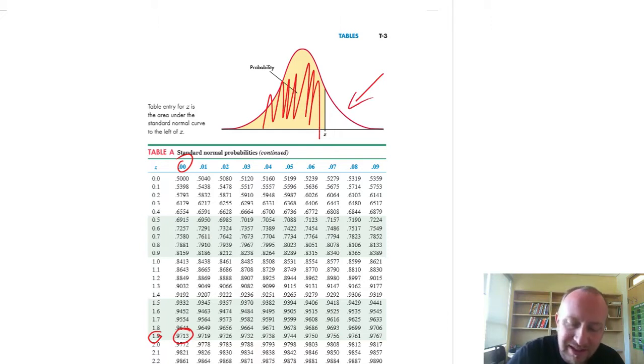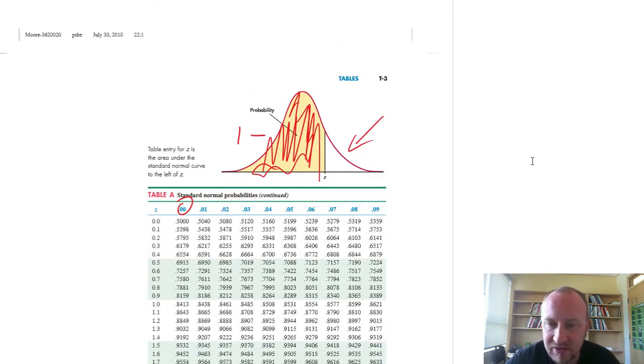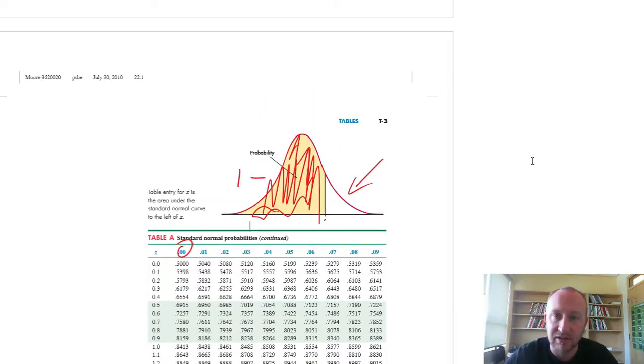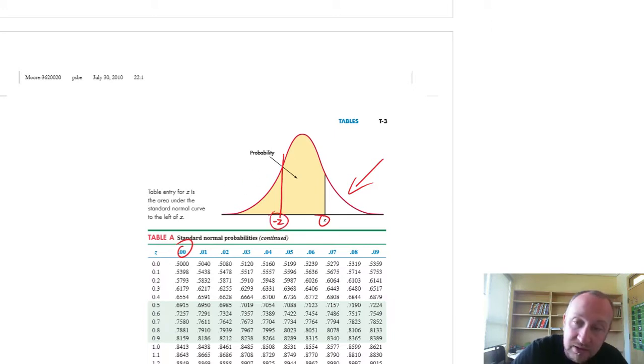So to get the upper tail, I'd either have to do 1 minus this whole shaded region, or I can take advantage of the fact that this distribution is perfectly symmetric. If these two z's are exactly the same in magnitude, then this area will be exactly equal to this area.